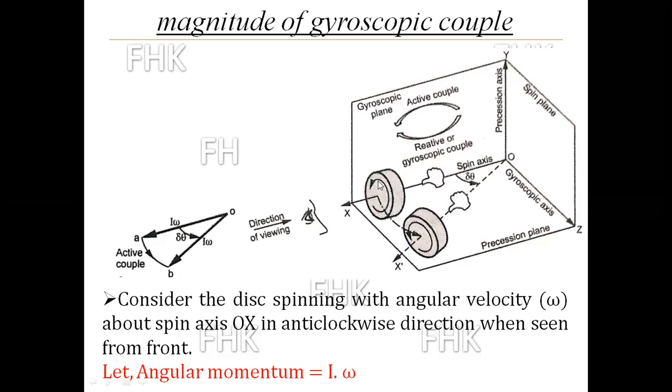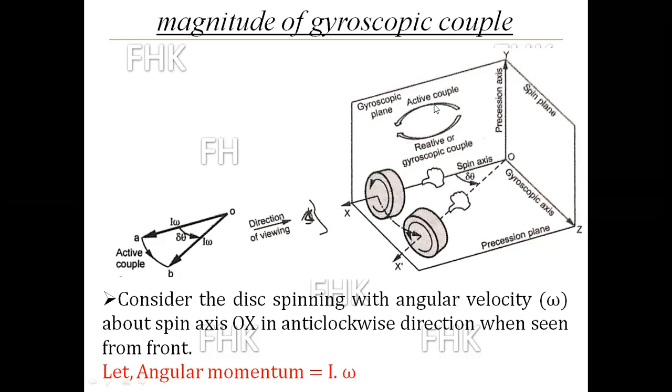When any body is spinning as well as rotating at the same time, due to the active force the body either moves in the downward direction or the upward direction. That upward or downward motion is due to the force acting on that body, which is nothing but the active couple.